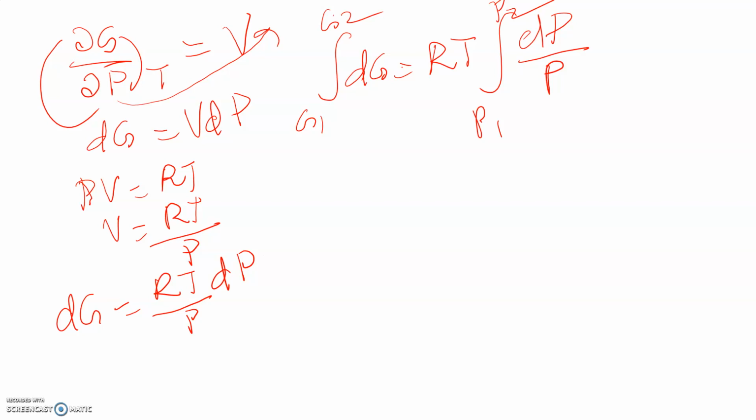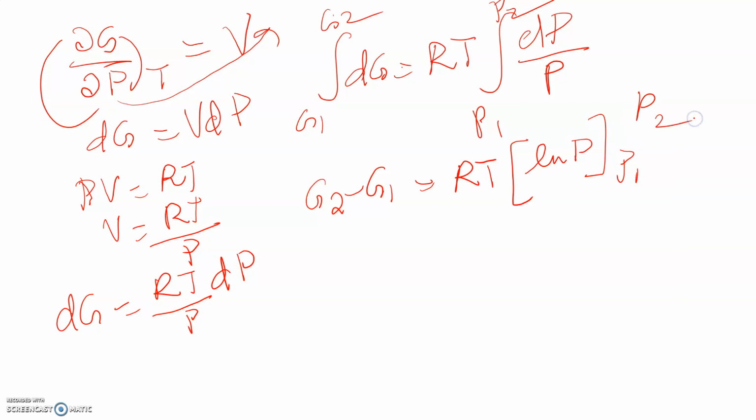What is integral dG? dG is G. G between limits G1 and G2 implies this is G2 minus G1, is equal to RT into, what is integral dP by P? That is ln P between limits P1 and P2. This is delta G is equal to RT ln P between limits P2 and P1, which is ln P2 minus ln P1, and that equates to ln P2 by P1.